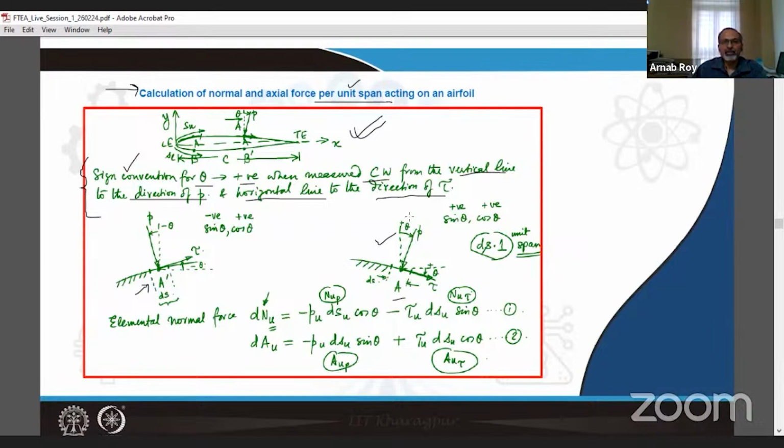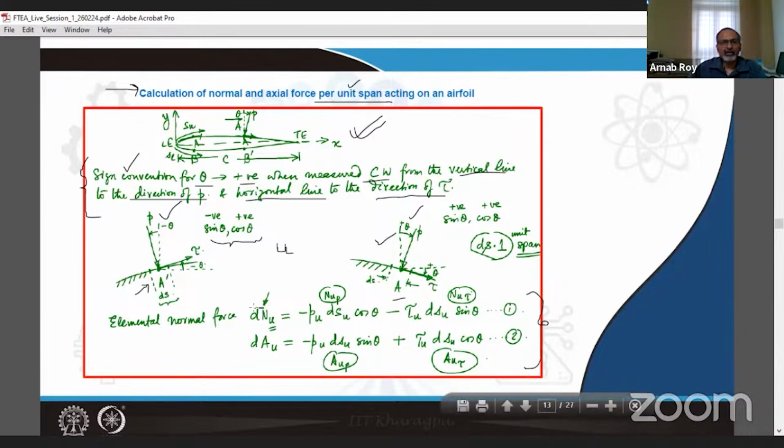You can easily figure out that theta here is positive, while theta here is negative, and thereby it will have a profound implication on the signs of the sine and cosine terms, which will figure in the expressions for dN_u and dA_u that you write for the upper surface. Since it's the upper surface, of course, we use the subscript u wherever it is applicable.